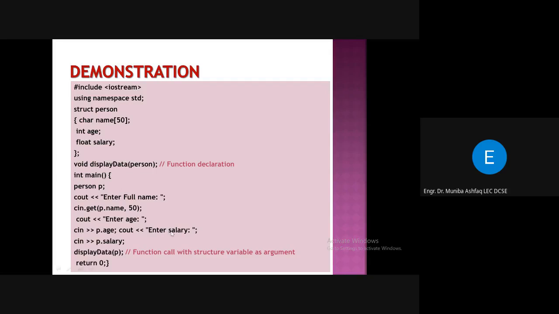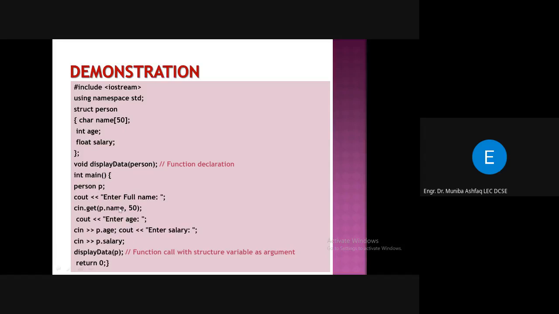And then enter salary, right? Then p dot salary, using cin you can get the input from the user, using cout you just display the message on the screen. So p dot salary, whatsoever salary is entered by the user will go in this object's salary data member.